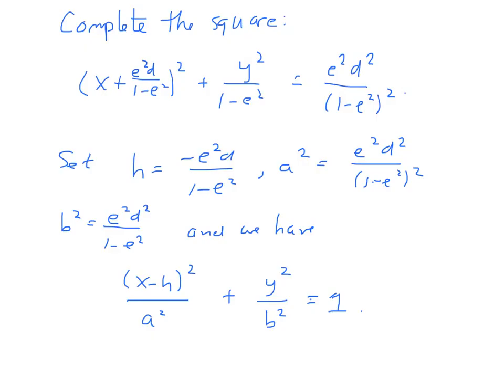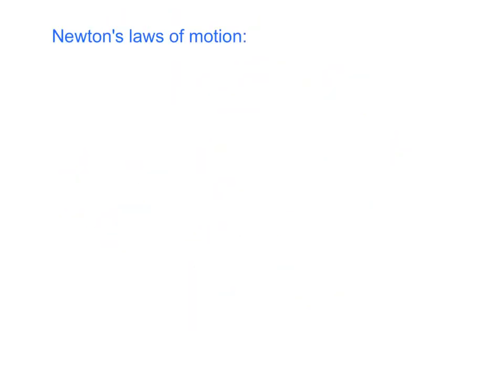So now we can actually start working towards using Newton's laws to prove Kepler's laws. The first thing we'll do is recall Newton's laws. We don't need all of Newton's laws of motion to do this. We really are mainly going to use the second law of motion and the law of gravitation. Newton's second law is force equals mass times acceleration.